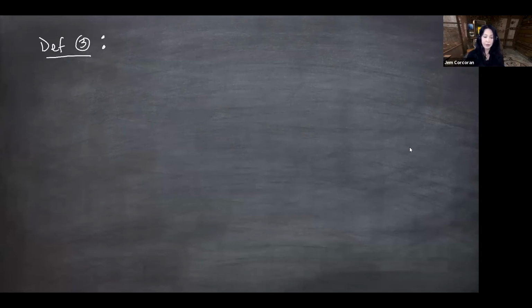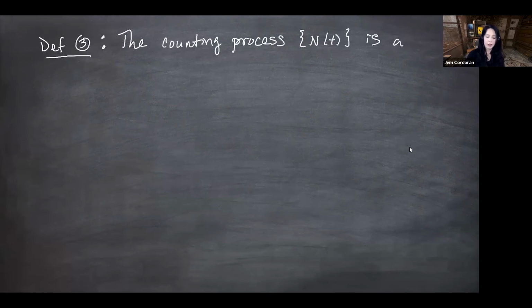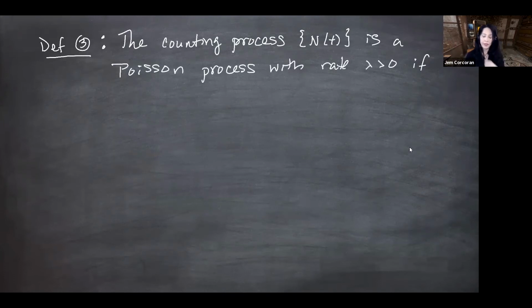And here's definition 3. The counting process N of t is a Poisson process with rate lambda if and only if, this is the definition, three things hold.